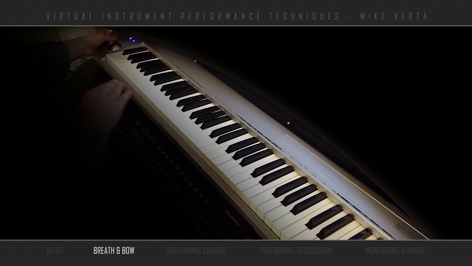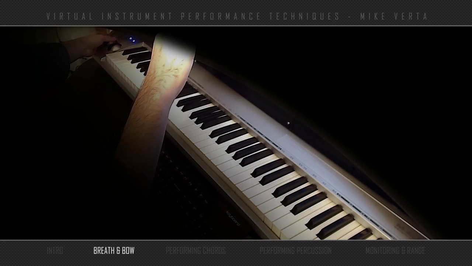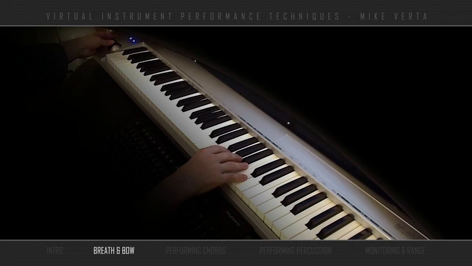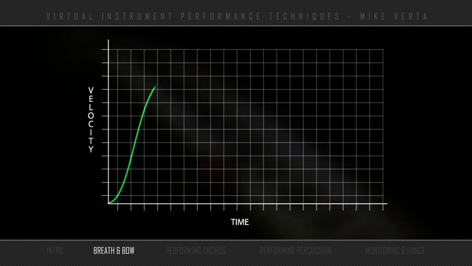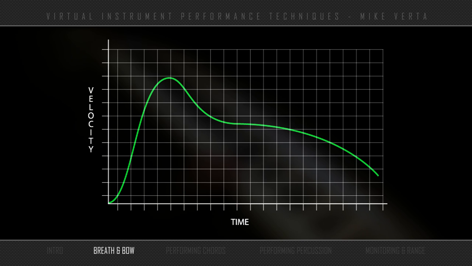There's a sweep and a push to a peak. I'll do it slowly and exaggerate it. There's a push like this to a peak and a pull back for the sustain. The curve looks like this. So we've got a push up, peak, and a sustain, usually with a tail at the end. Now, how much of that a player does depends on the context.